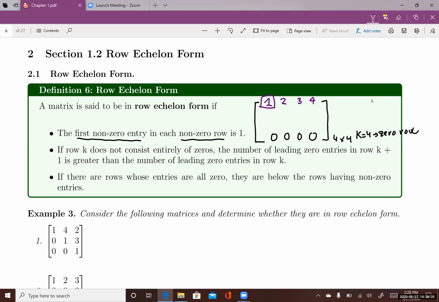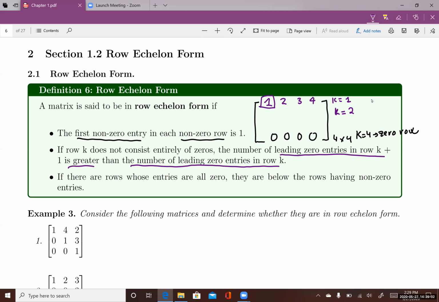That means if row K is not a zero row, then row K plus 1 has to have a number of leading zero entries greater than the number of leading zero entries in row K. So consider K equals 1.